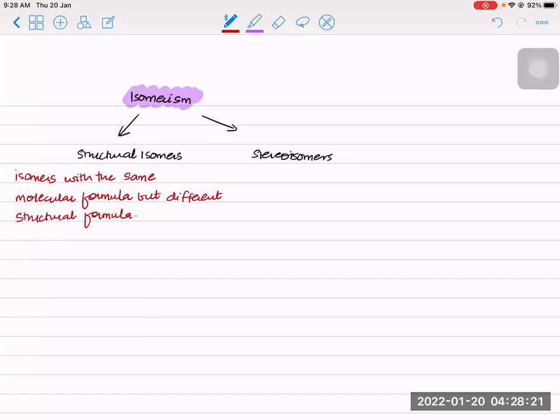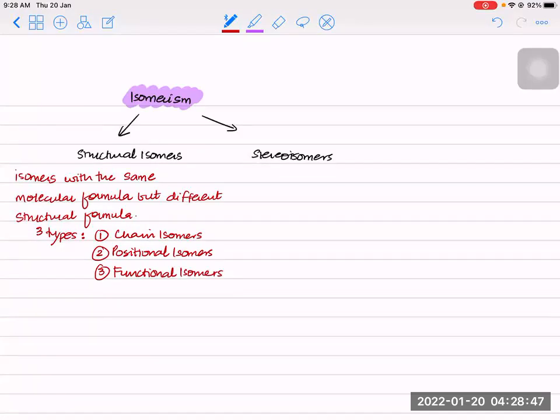There are three types of structural isomers. You have chain isomers, you have positional isomers, and you have functional isomers. What are stereoisomers? These are isomers with the same molecular formula.